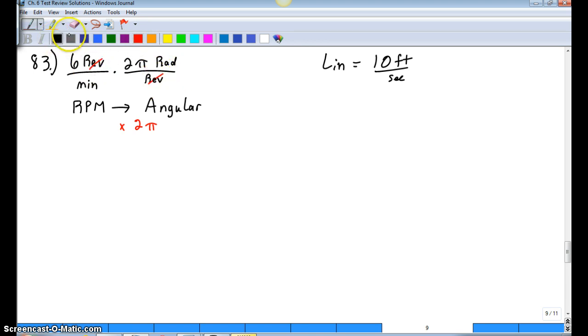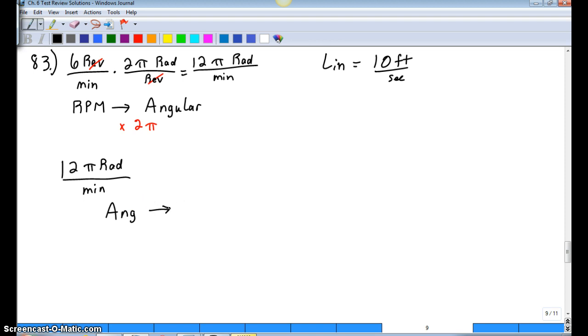Revs cancel, and we get 12 pi radians per minute. So let's bring that down here. 12 pi radians per minute. That is our angular.